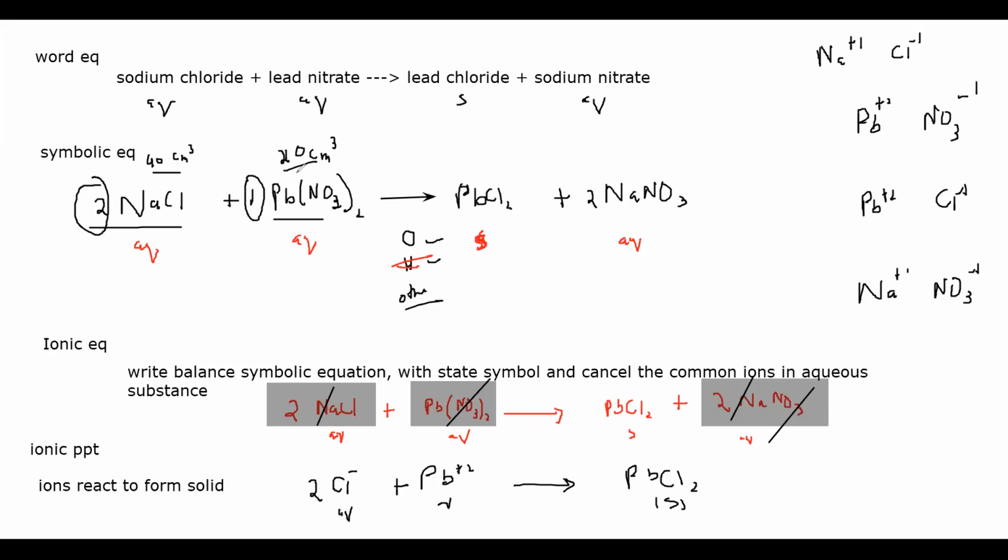So if 20 cm cube of lead nitrate, I should have a double volume of sodium chloride for this reaction to occur completely. The ratio of the molecule reaction, 2 molecules of sodium chloride reacting with 1 molecule of lead nitrate. So ratio is 2:1. So if I have 20 cm cube, I need double of sodium chloride.